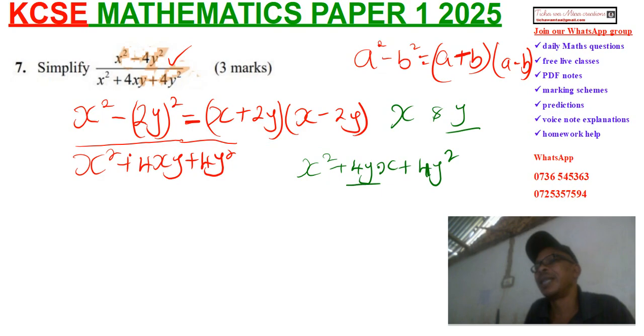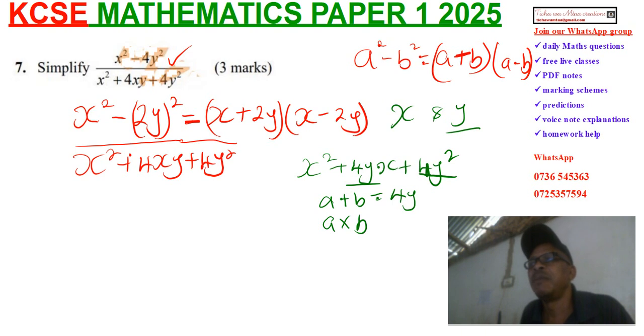When we are factorizing, we should get two numbers: a plus b should give you 4y, and a multiplied by b should give you the constant, which is 4y squared. So we can get those two numbers. Let's take 2y: 2y plus 2y will give you 4y, and 2y multiplied by 2y will give you 4y squared.